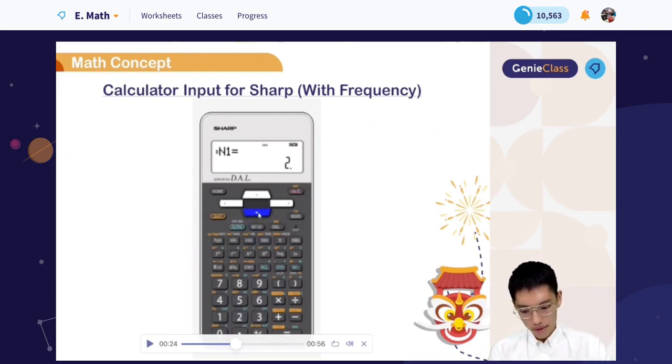You must click the button here. This is to say I am inputting the value now. Then you carry on. 2, 6, and then you carry on. 3 with the 8, so we key in the same way. 4, 3, and then 5 with 1. 1, there's no need to change.